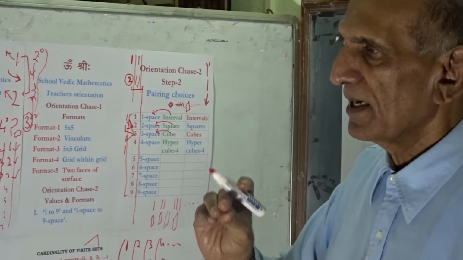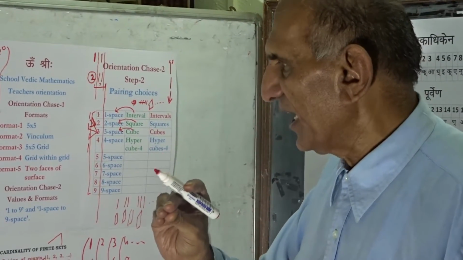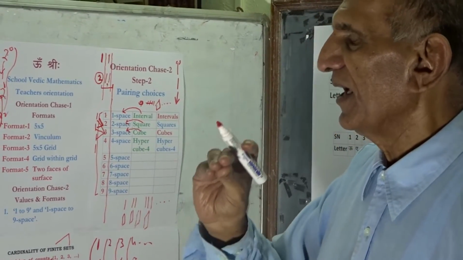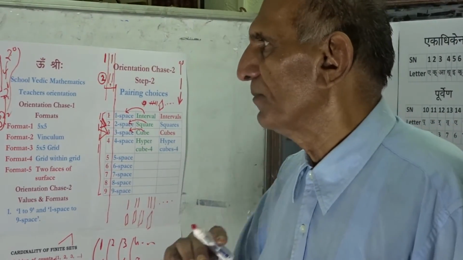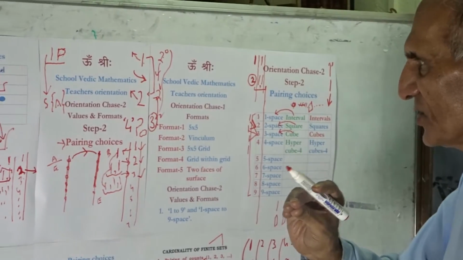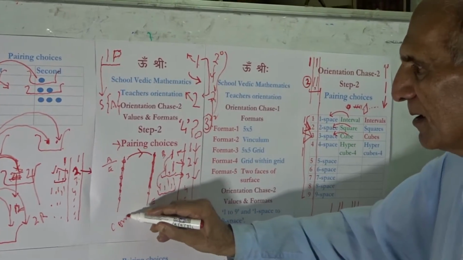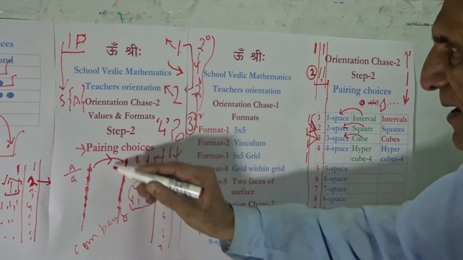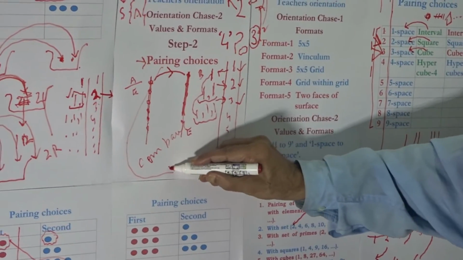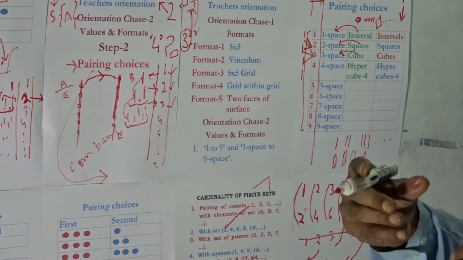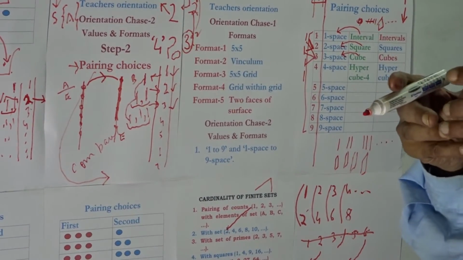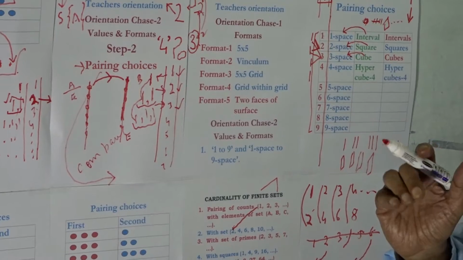Young minds are to be trained for having this appreciation, this appreciation of comparing, coordinating, and pairing. Comparing and pairing are to be taken as values and formats.